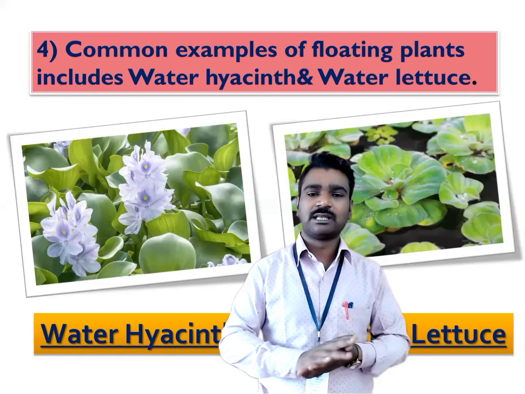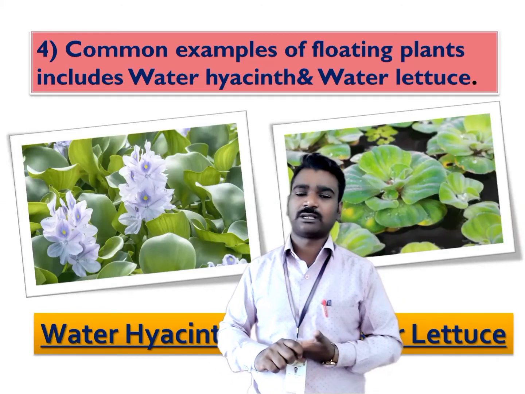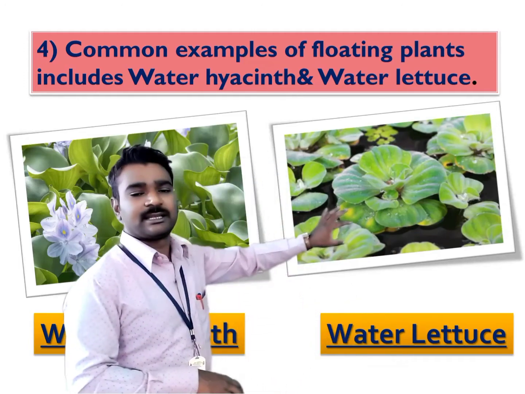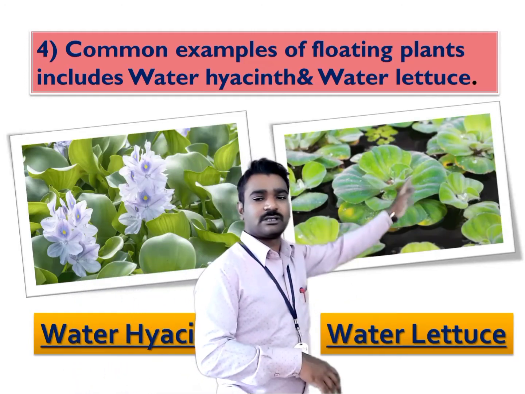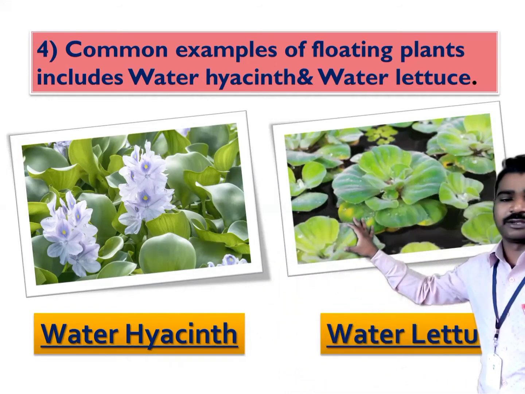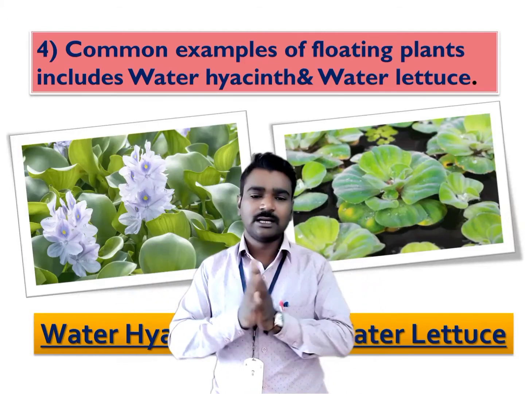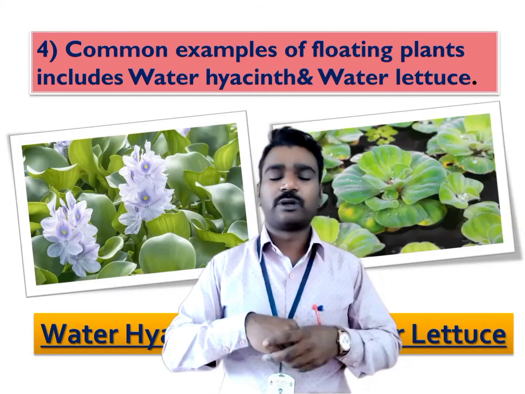The common examples of floating plants include, here you can see, the water hyacinth and water lettuce. This is the water lettuce. You can see the leaves are broad and flat, and here you can see the water hyacinth. So these are the common examples of floating aquatic plants.